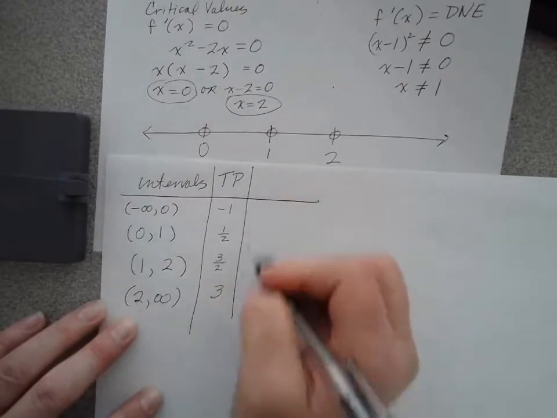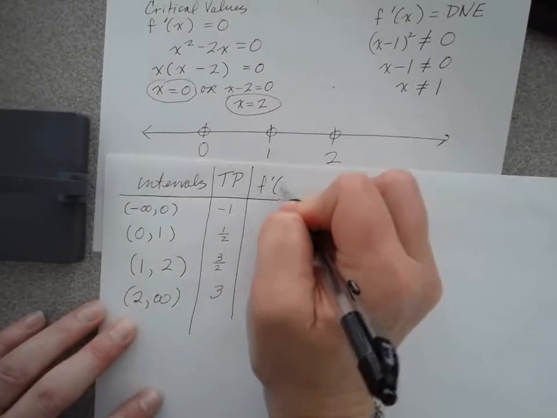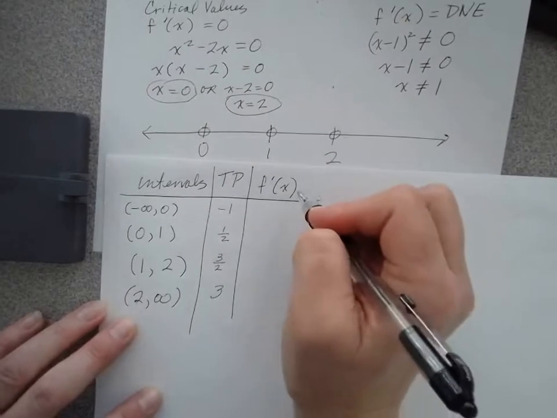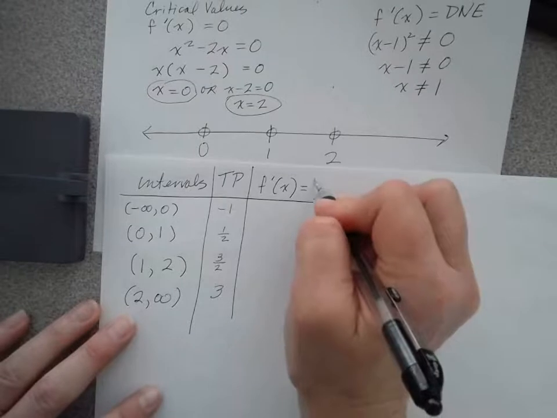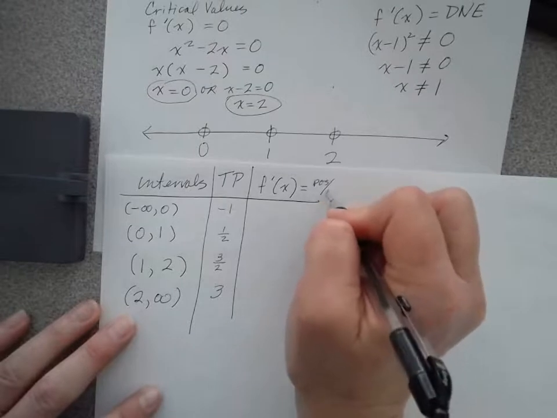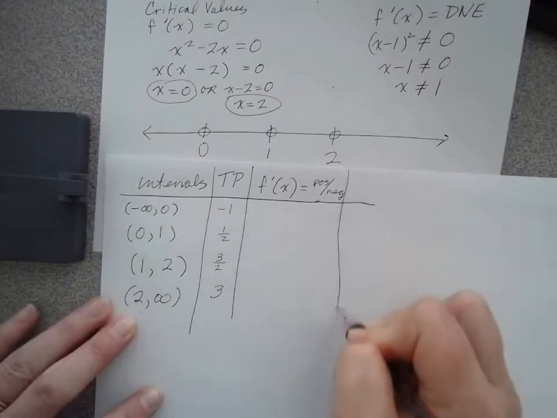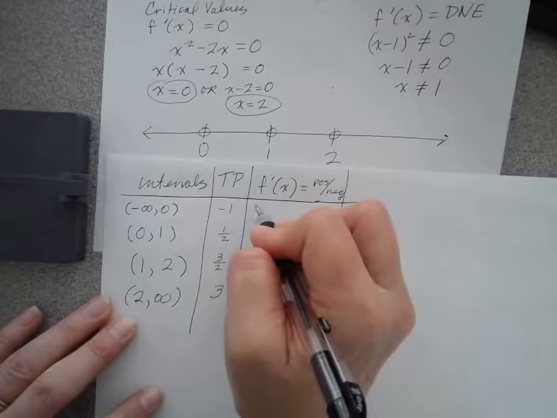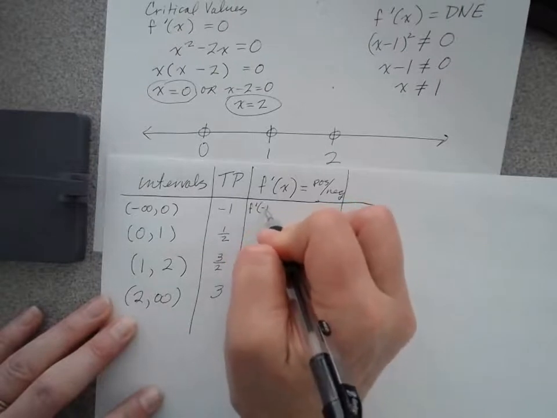Then you're going to take those test points and plug them into the first derivative, and then what we're trying to see is, is that positive or negative?